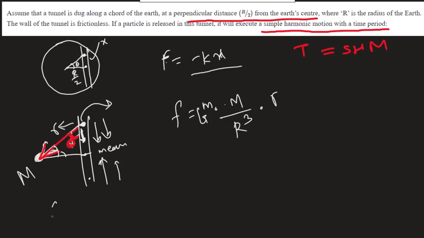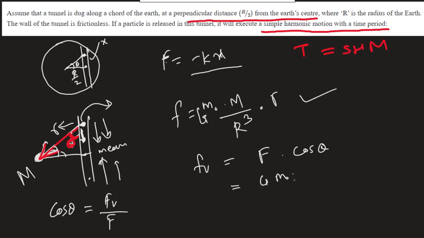Then cos theta will be the vertical component of the force divided by the original force. So the vertical component of the force is going to be F cos theta. We have already calculated the force, so we will just put those values over here: G m naught capital M divided by R cube into r, and cos theta we have to find.